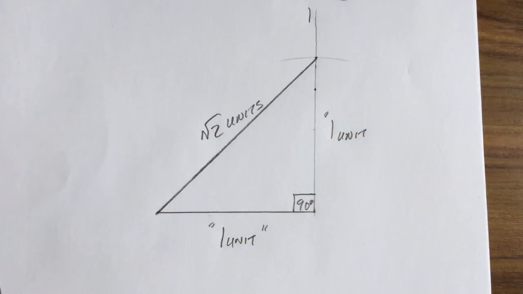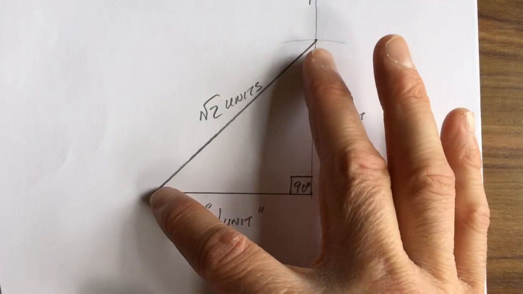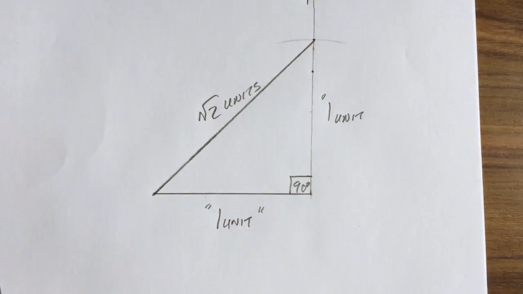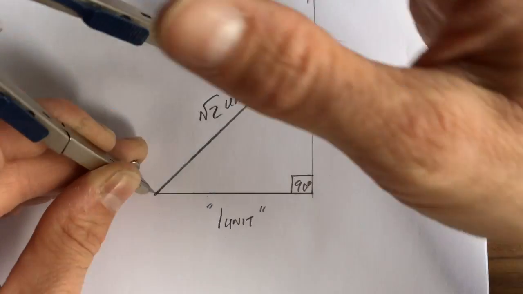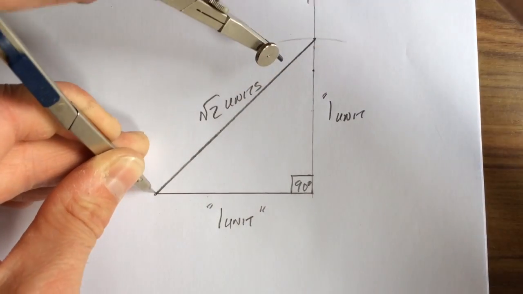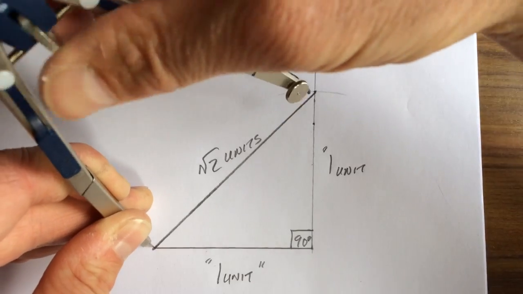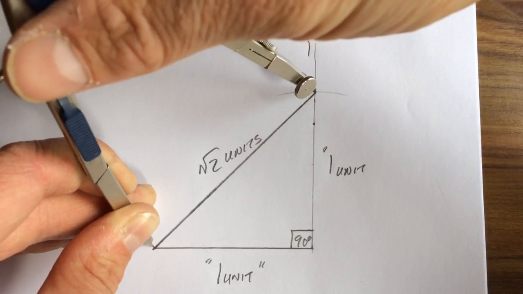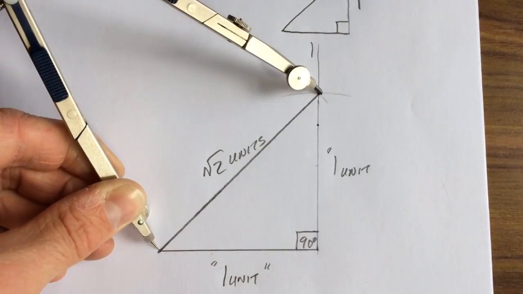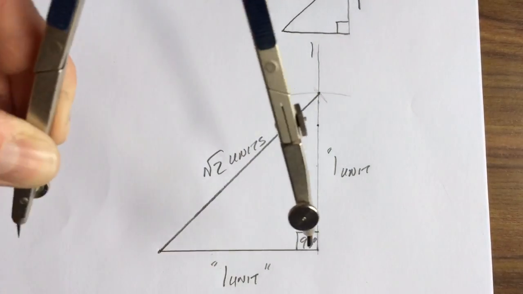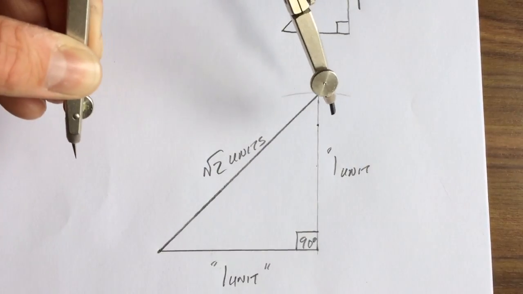Now, if you didn't want to write your answer like this, you can also transfer that distance to a compass, like so. And now my compass is set to square root 2 in length, and I can transfer that distance to any other line I wish.